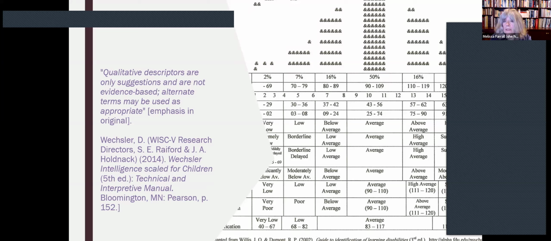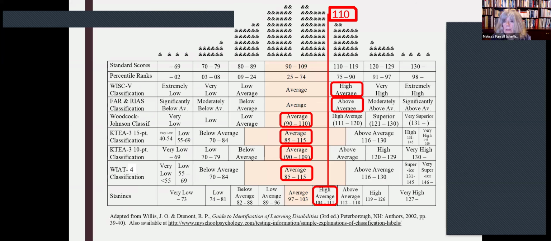You can have a student with the same score, and that same score can have a different label depending on the test that you're using. So here we have a standard score of 110, and if we're using a WISC, it would be called high average. If we were using the RIAS, it could be above average. If we were using the Woodcock-Johnson, it becomes average. You kind of see what starts to happen.